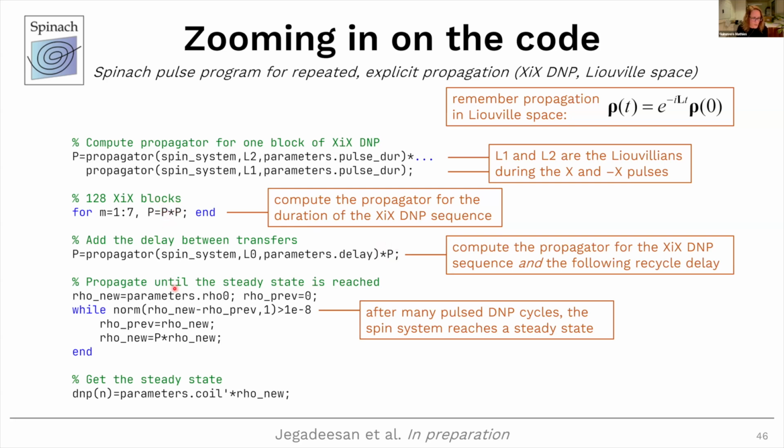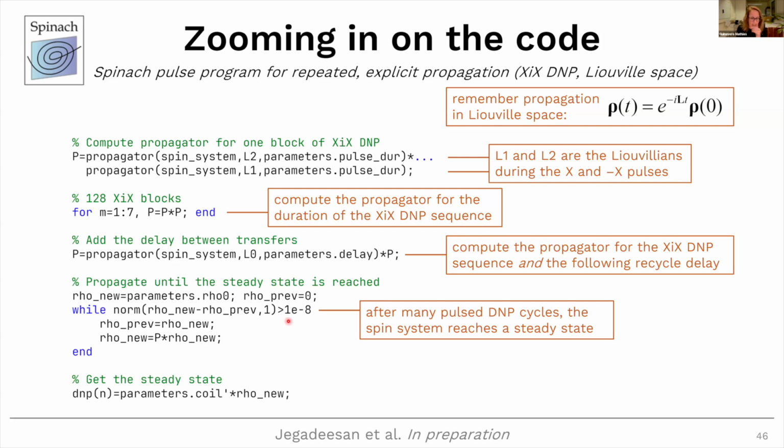And so now what I'm going to do is propagate my spin system until I reach the steady state. I'm going to go through this while loop, and I'm going to keep going as long as the difference between the new state of my spin system compared to the previous state of my spin system is larger than some number that I can adjust, until my system essentially converges.